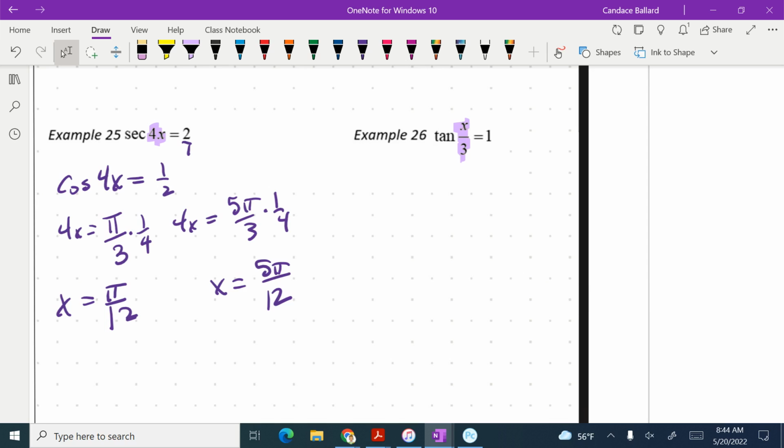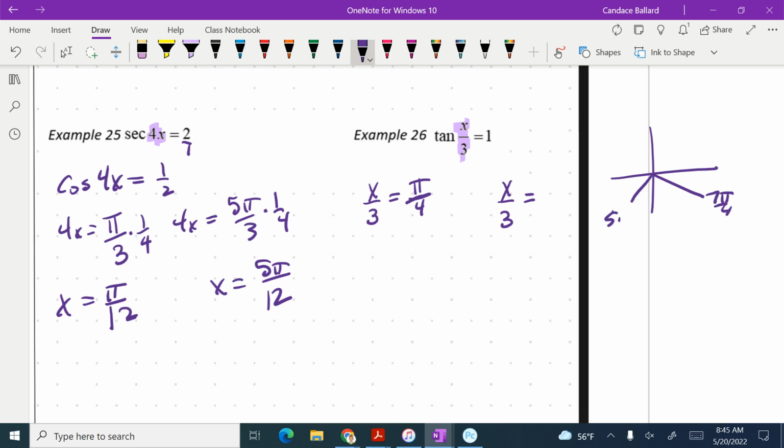All right. Tangent equals 1. All right, so I didn't even have to do any manipulation at the beginning, right? I just have to figure out where tangent is equal to 1. So what 2 radian measures did that happen at? Where's the first one? Pi over 4. Okay, where's the other one? Did we say 7 or 5? 7's over here, right? 5's over here.